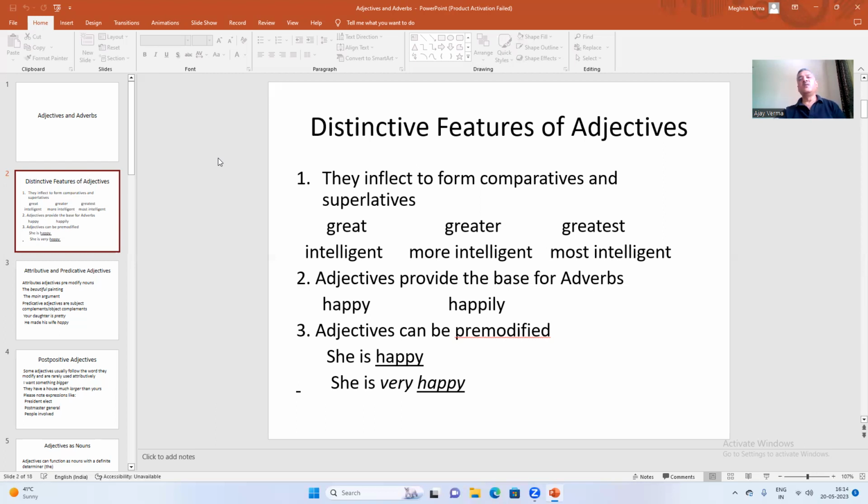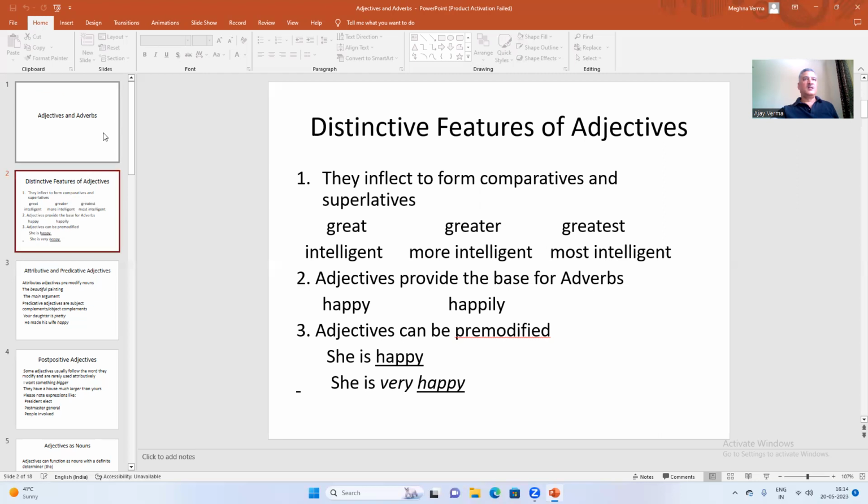Third, we have to learn about the classifications and sub-classifications of adjectives. This discussion about the formal features of adjectives, the functional features of adjectives, and the classifications and sub-classifications of adjectives would help us understand this class of words in English grammar to a large extent.